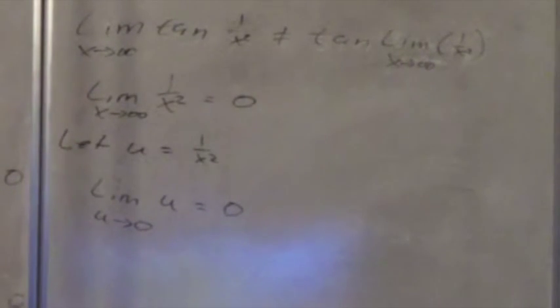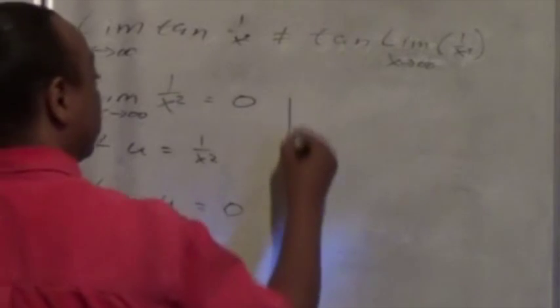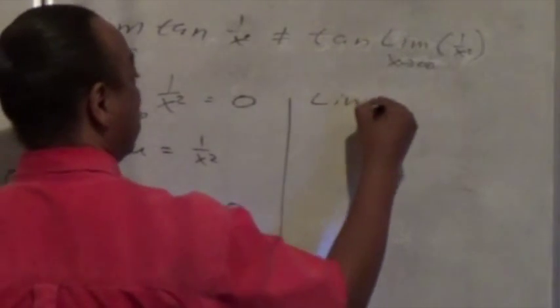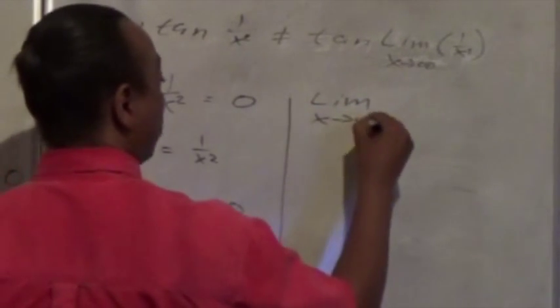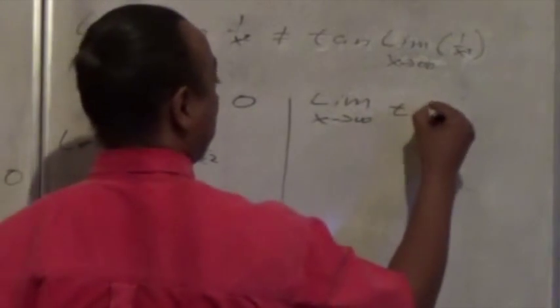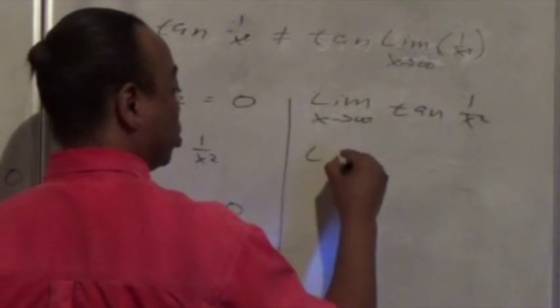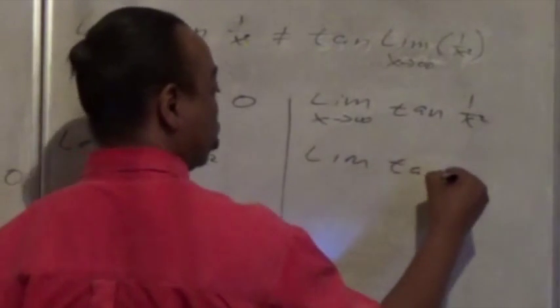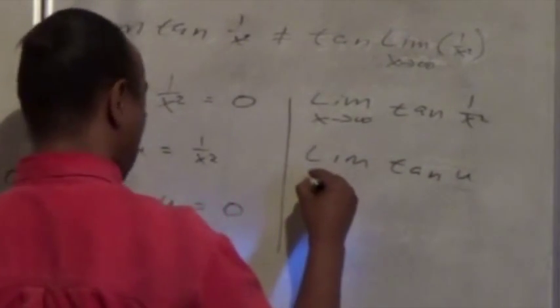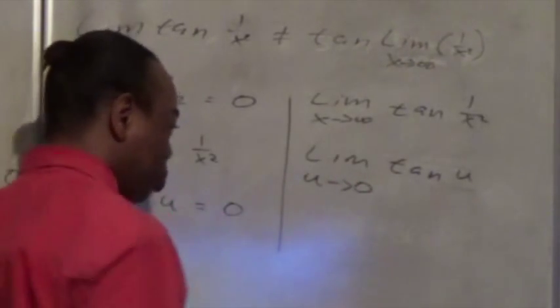And so let's go back and actually put it in. So we have here the limit as x approaches positive infinity of the tangent of 1 over x squared. This now becomes the limit of the tangent of u as u goes to 0.